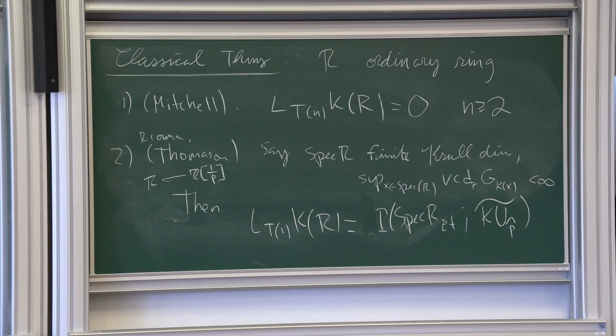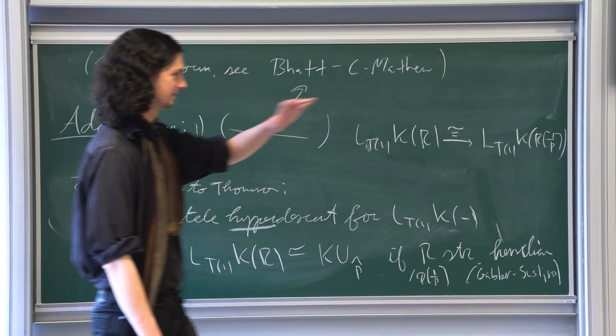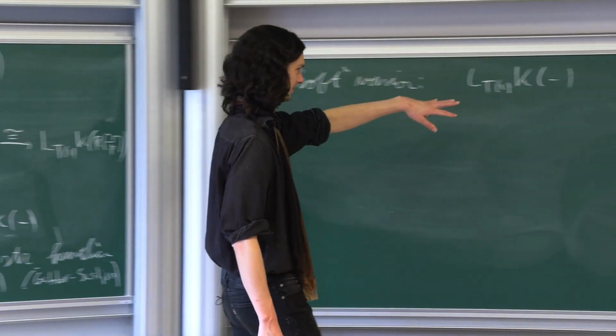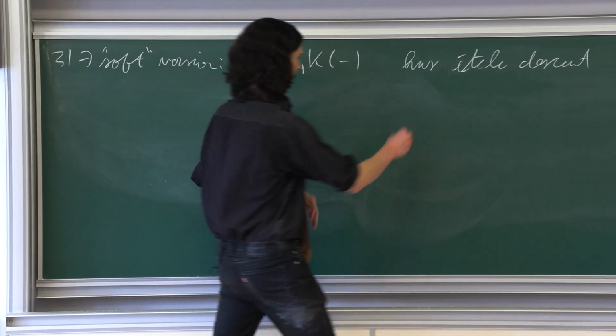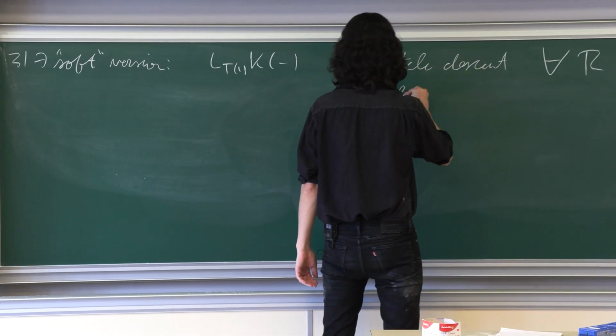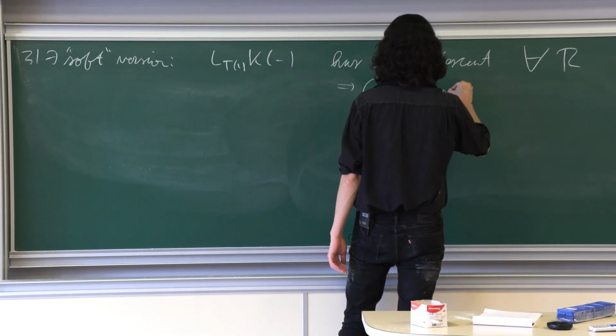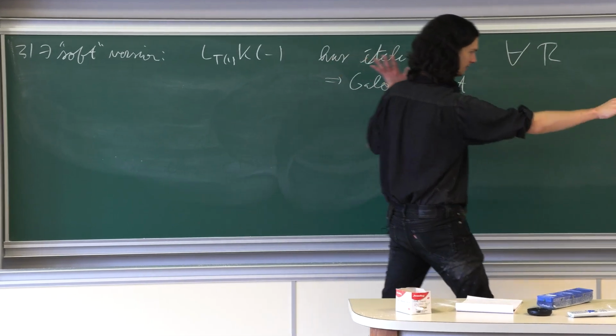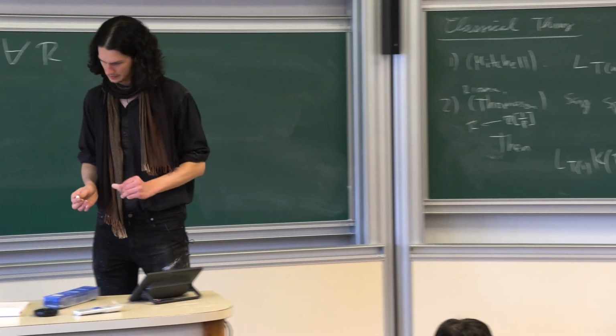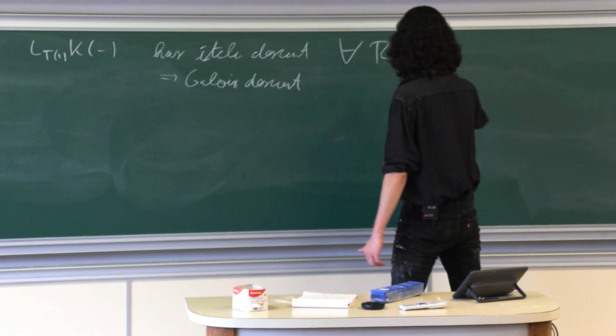So if you don't care about hyperdescent and you don't care about precisely identifying anything, then at least you have étale descent, and in particular Galois descent. And for that, you don't need any finiteness hypotheses. You don't need anything.